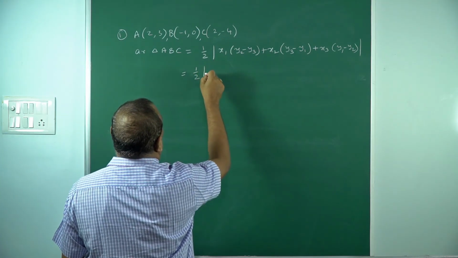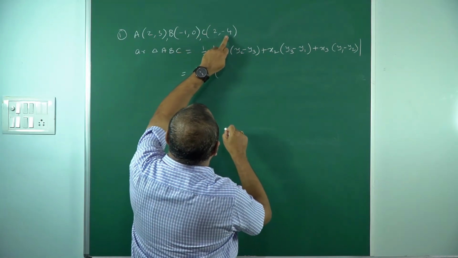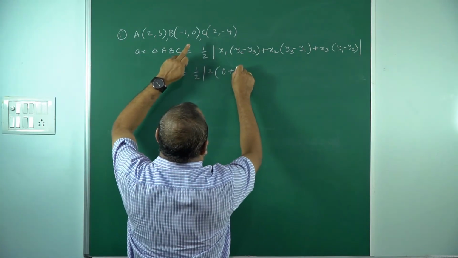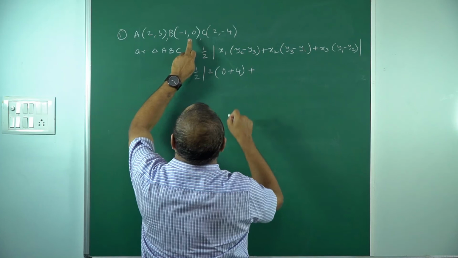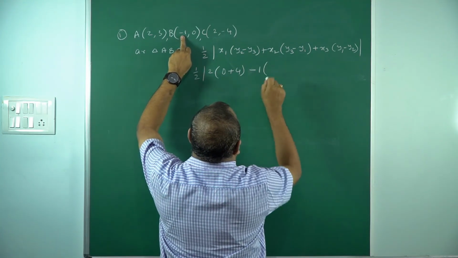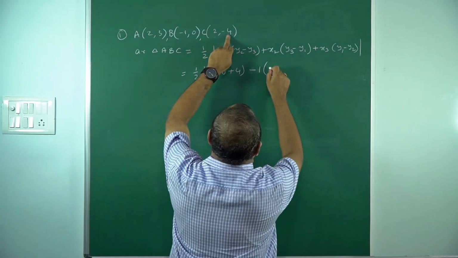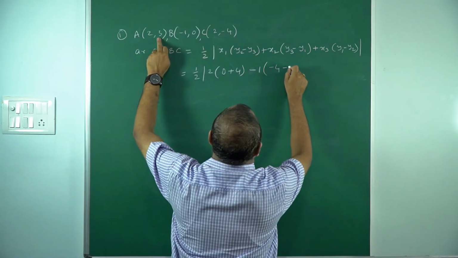Half mod x1 is 2, times y2 minus y3: 0 minus (-4). Plus x2, x2 is -1, times y3 minus y1: y3 is -4, minus y1 is 3.